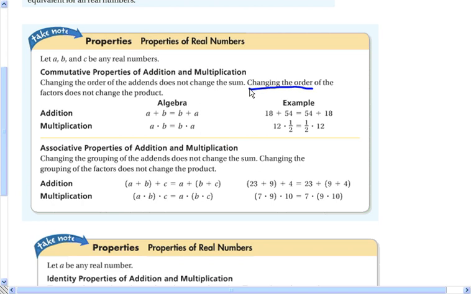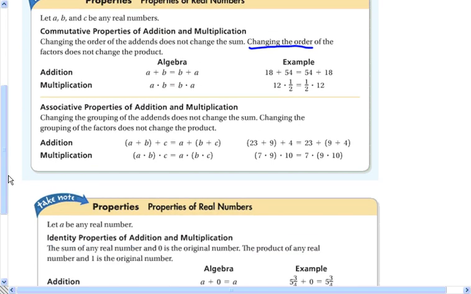And so another important one here is the associative property of addition and multiplication. And that's where you can change the grouping of the numbers you're adding or the factors in a product, and it won't change the outcome. And just a quick example of that, let's say I have to do 3 times 10 times 9.